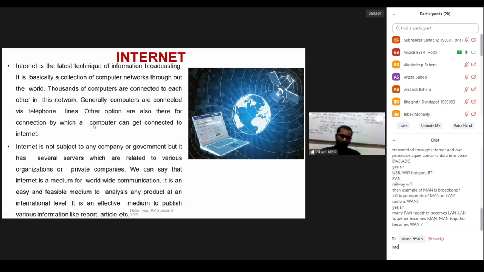So now you tell what is the internet? Network of networks. Listen, generally, network of networks is called the internet. Basically it is a collection of computer networks throughout the world.